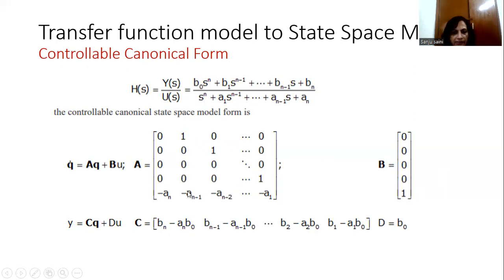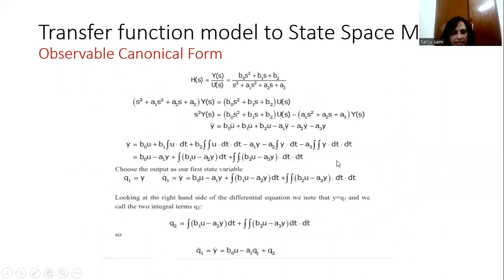And in C, we have Bn minus An B0, Bn minus 1 minus An minus 1 B0, and so on. And here we get the entries minus An minus 1, minus An minus 2, up to minus An. So you can just put the transfer function in this form, and you can directly form the state variable model by using these formulas.